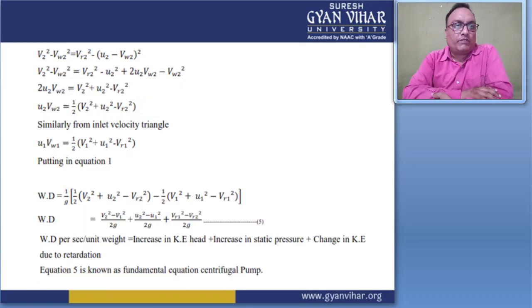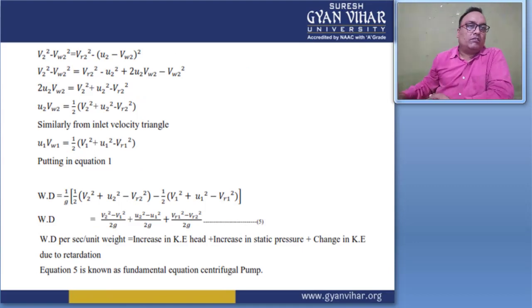For the next equation, V2 square minus Vw2 square equals Vr2 square minus (U2 minus Vw2) square. If I open this bracket, it becomes (Vr2 minus U2) square plus and minus Vw2 square. In this case the Vw2 square terms cancel out, but the V2 square does not cancel out.